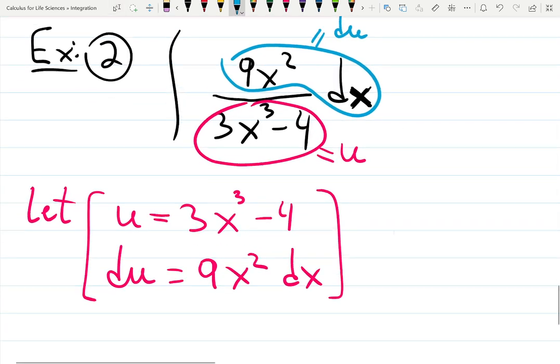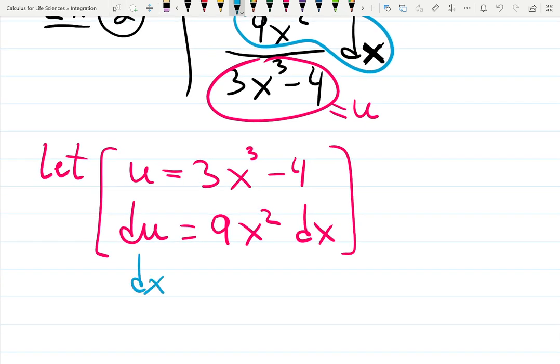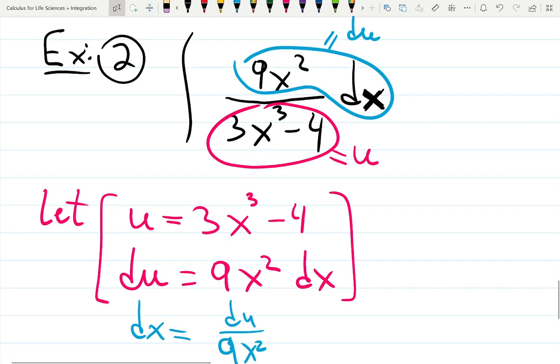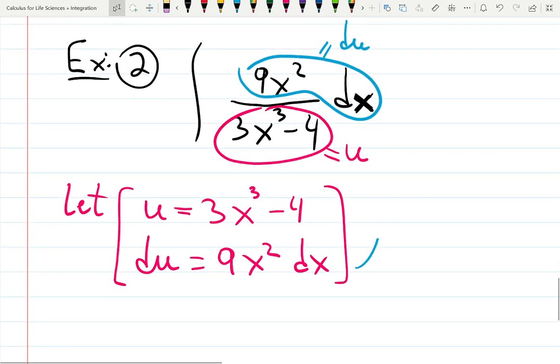If you solve for dx, dx will be du over 9x squared, which will cancel out with this 9x squared. Yes. So why not just call the part that matches the derivative the whole du, since it matches it anyway. Like so. Here it is.